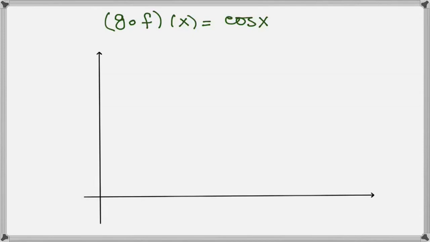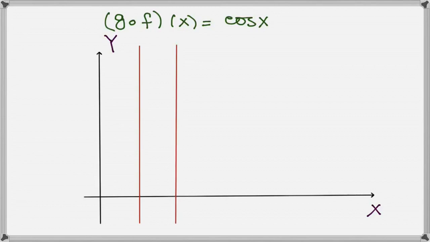Let us write this is x and this is y. And then we draw the line x is equal to alpha. And let this be the line x is equal to beta. Next we draw the graph of the function cosine of x.